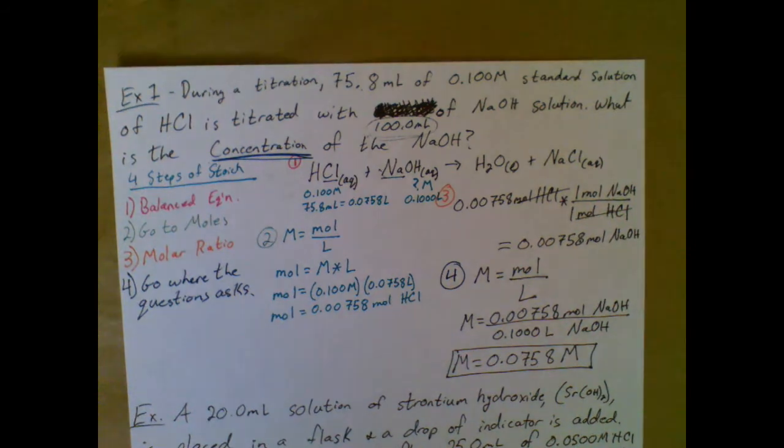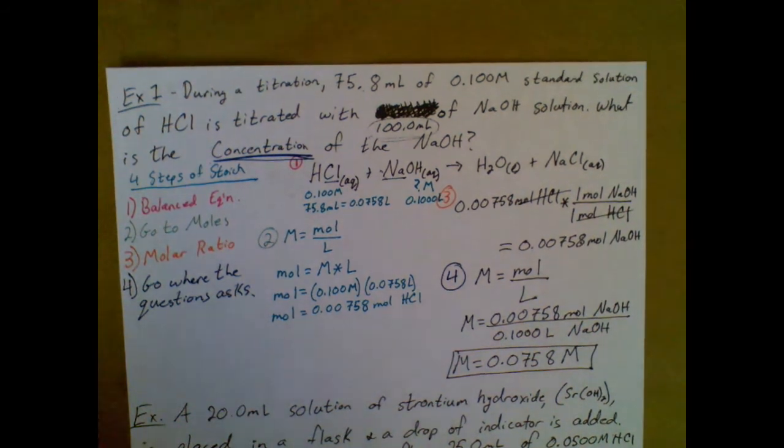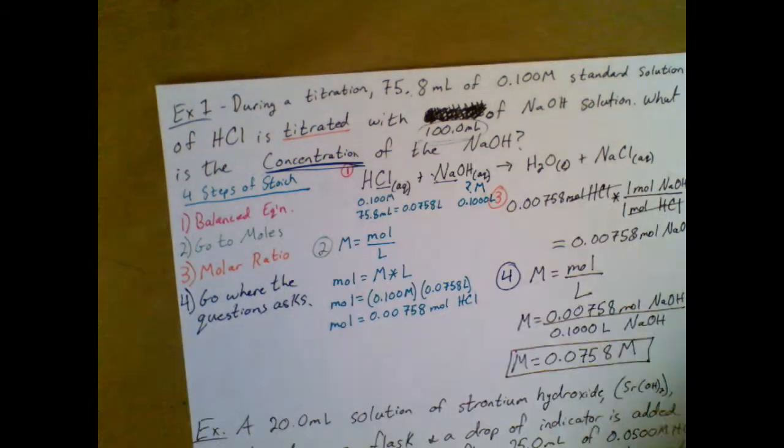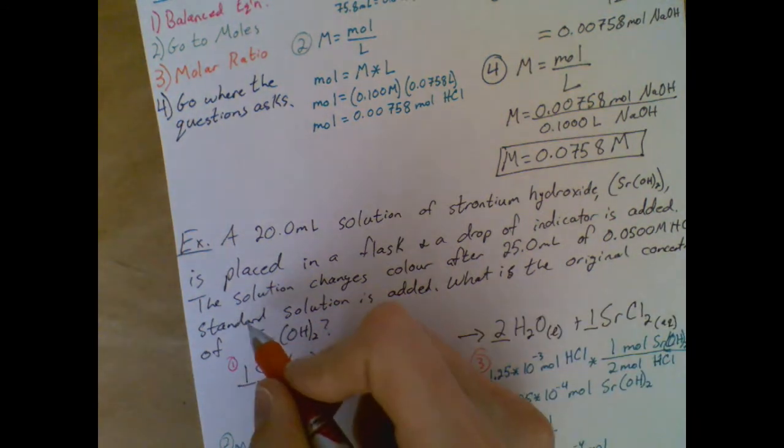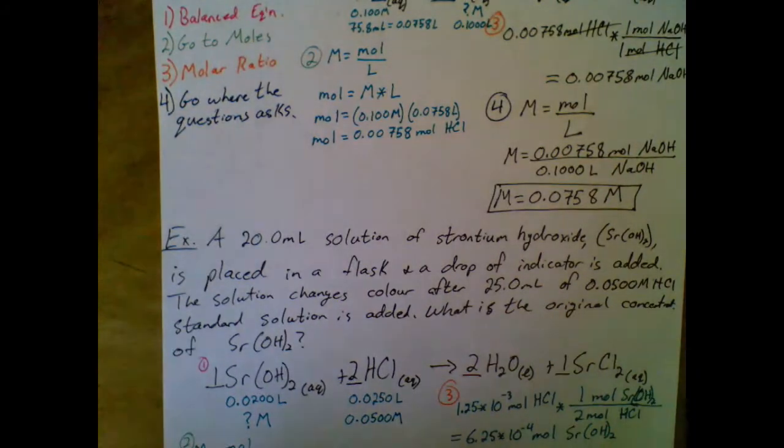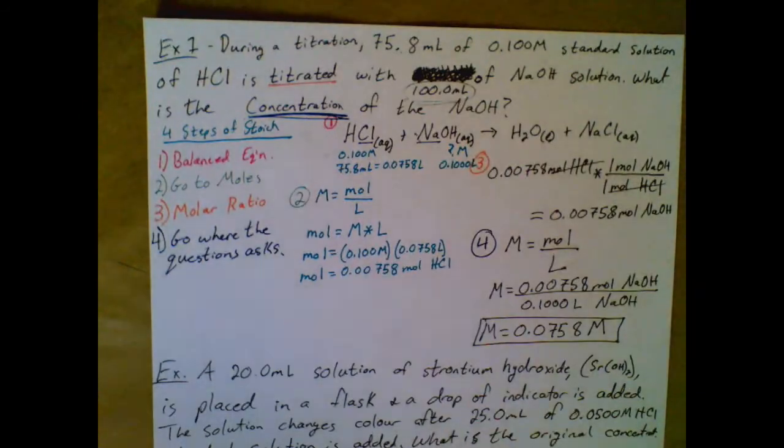Don't use M1V1 equals M2V2. If you read the words like titrated, if you read things like neutralized, any sense that there's a chemical reaction going on, you can't use the dilution equation. You have to use stoichiometry.